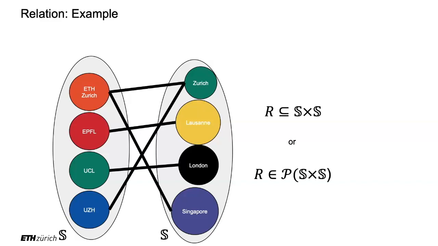It doesn't really matter, it's just an example. So technically, I have a relation that is a subset of the Cartesian product between S and S. It's basically a set of pairs between S and S. So a relation between S and S. Okay, so that's mapping. In that case, I have universities on the left and cities on the right.